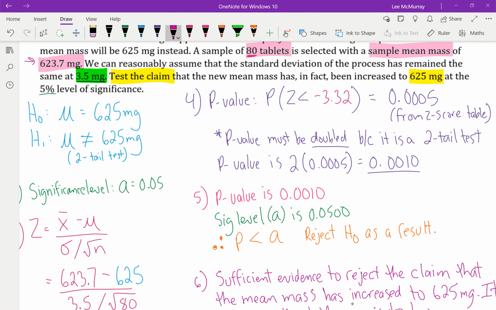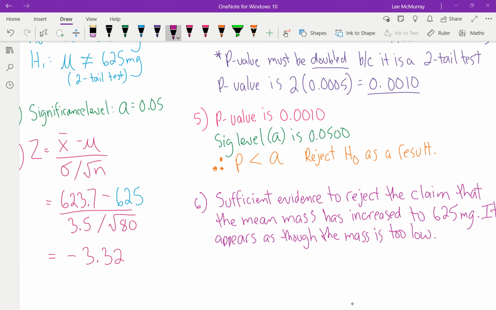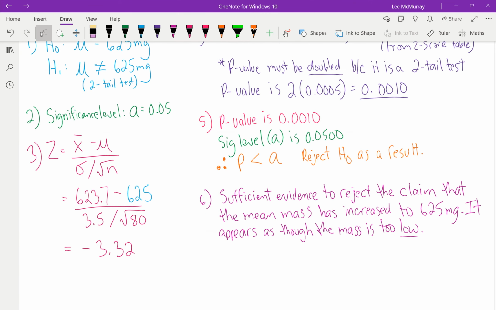So if that number had been 630 milligrams, and we were testing to see if it was 625 milligrams, we could have had the same result, but we would just say it appears that the mass is too high, right? That's the only difference. So we're saying that it's too low because our sample weight basically was below what we were testing the claim for. Okay, so that's it. Let's jump into another example.